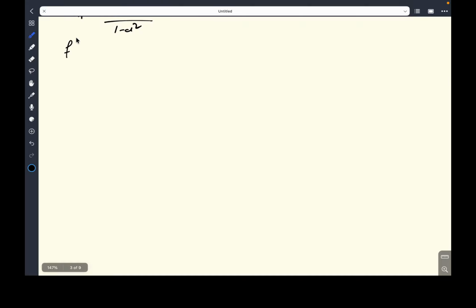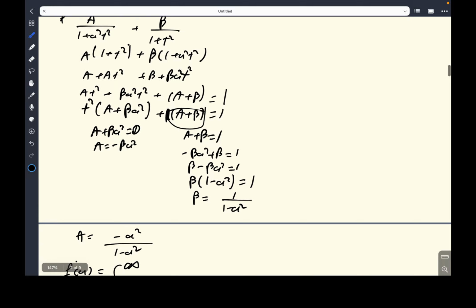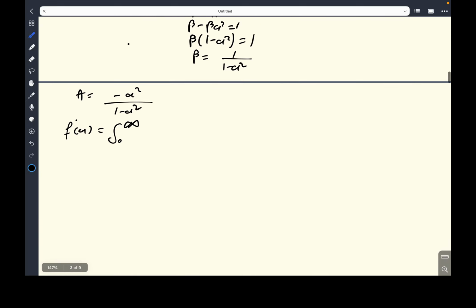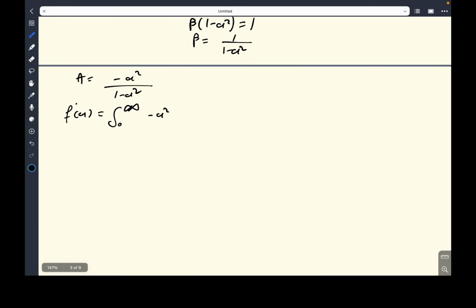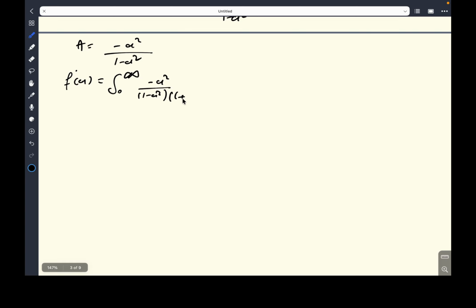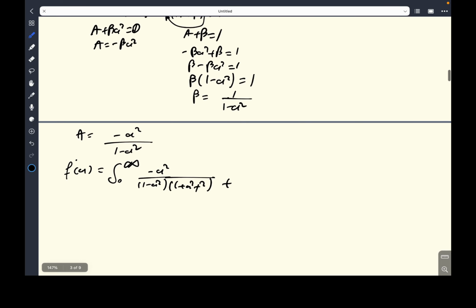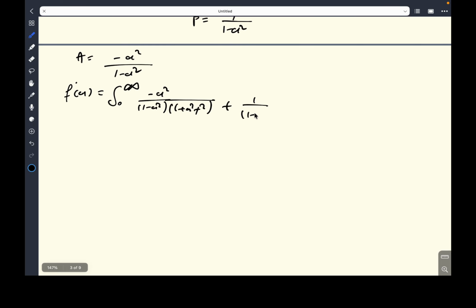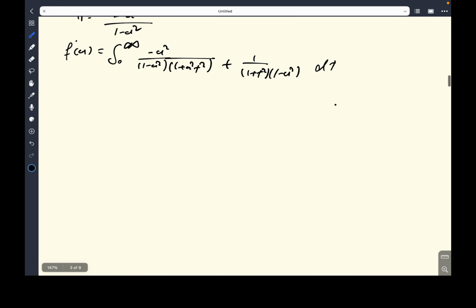And if I write my integral again, it's going to be the integral from 0 to infinity of negative a squared over 1 minus a squared, over 1 plus a squared t squared, plus 1 over 1 plus t squared times 1 minus a squared, dt.